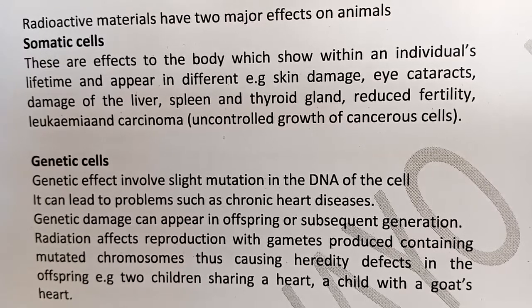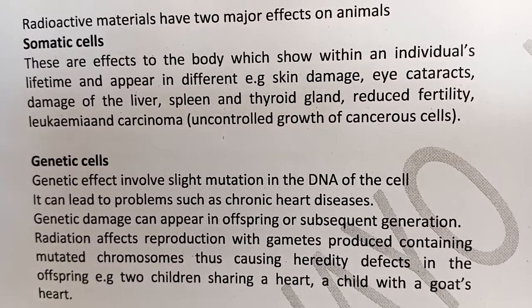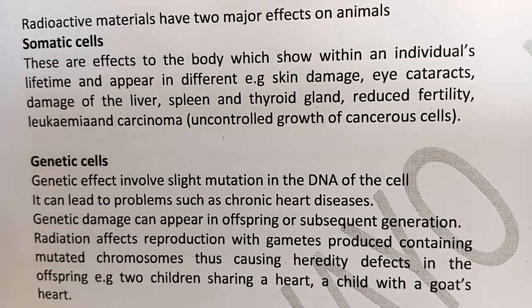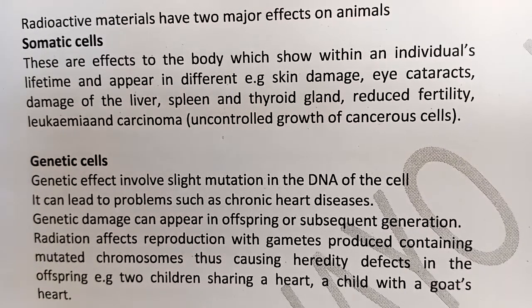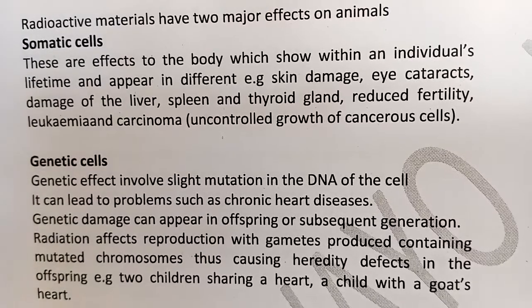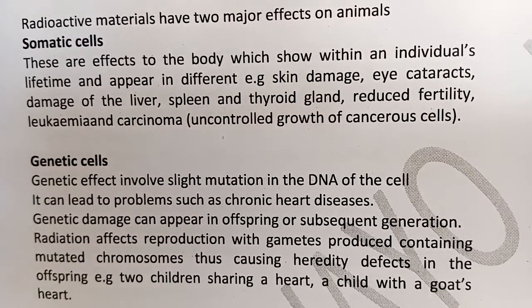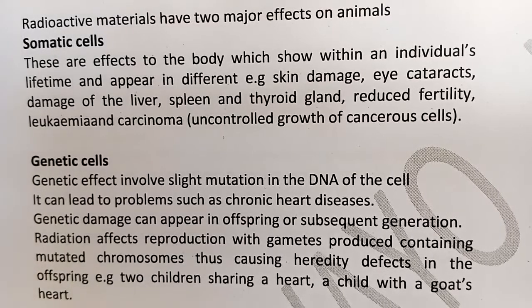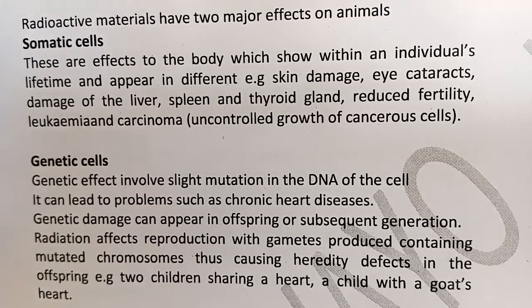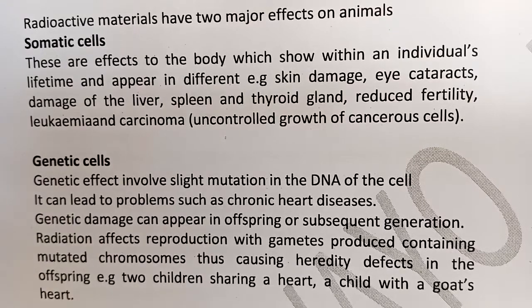Radiation affects reproduction, with the gametes produced containing mutated chromosomes, thus causing hereditary defects in the offspring. For example, children sharing a heart, or a child with a goat's heart, and so forth.